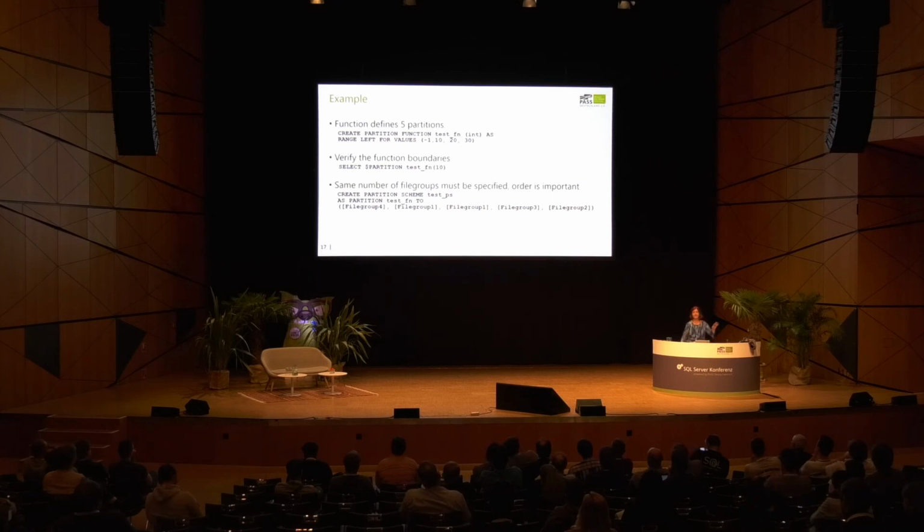Well, of course I know the question you're all wondering is, what happens if I insert a row that's exactly equal to one of the boundary points? What would happen if the table that's going to have this partition function got a value of 10? Would that go in the second partition or the third partition?